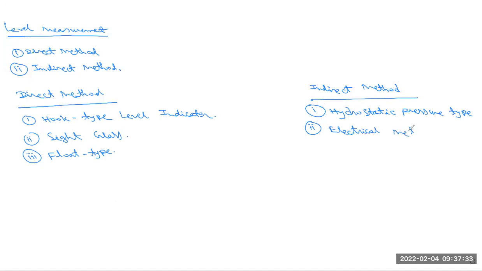So these two processes we classify in our indirect method for level measurement. First we will consider hydrostatic, and then the electrical method.